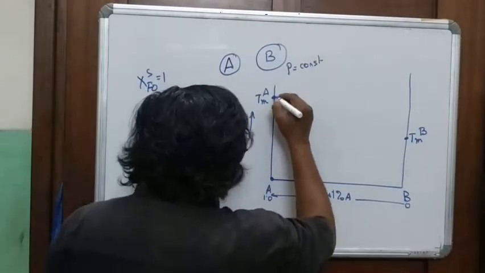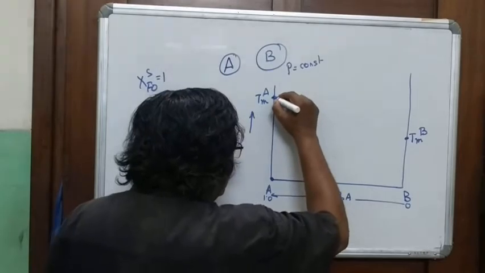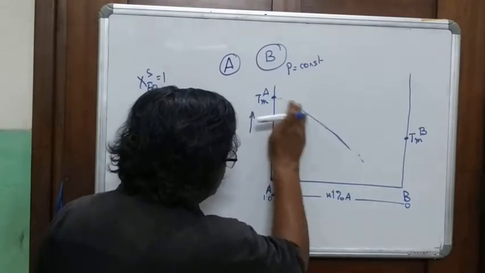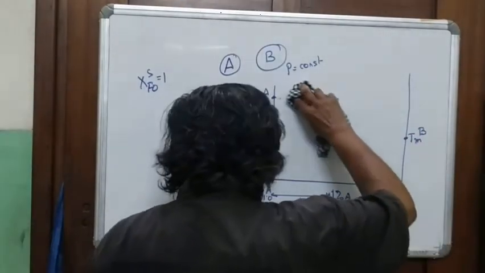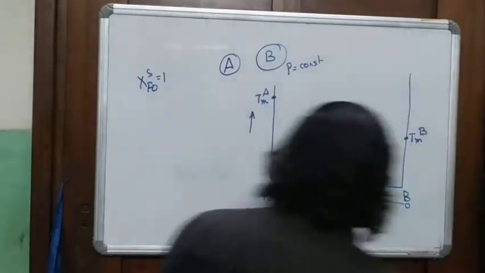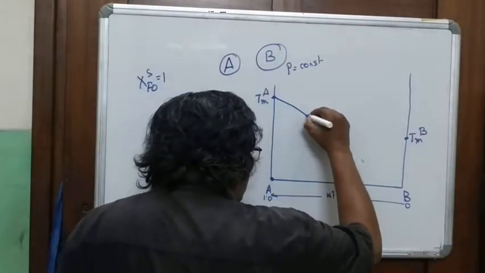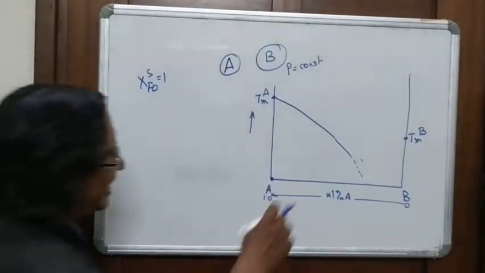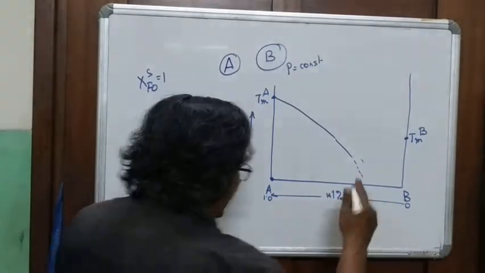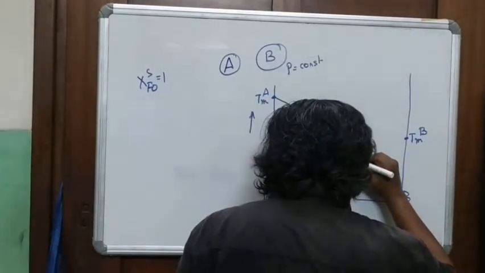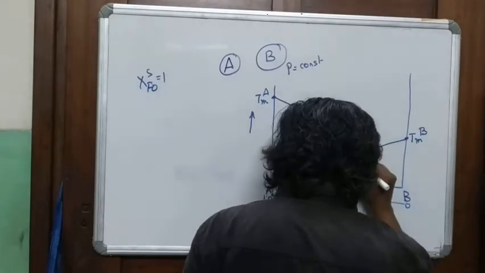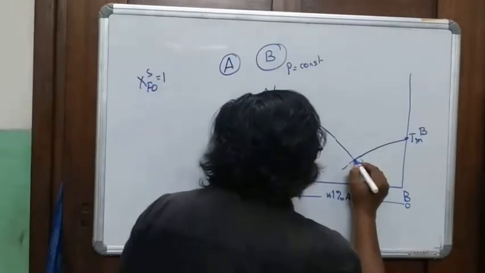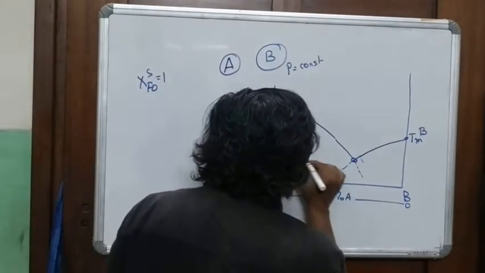And so for this A liquid, you will have a graph, and similarly, if you take the B end member and add A, you will also have a graph. At this point, you draw a horizontal line.